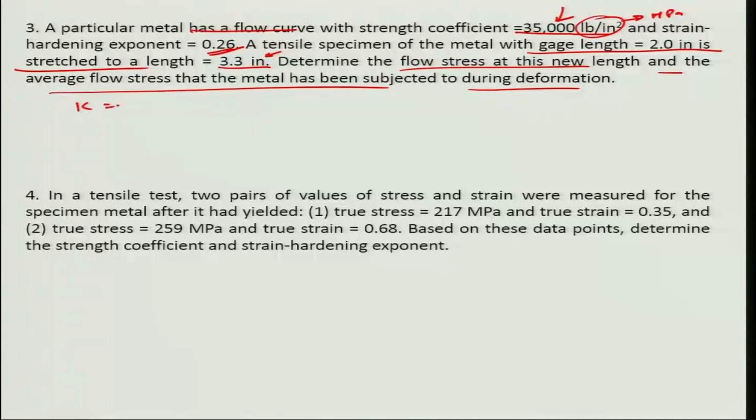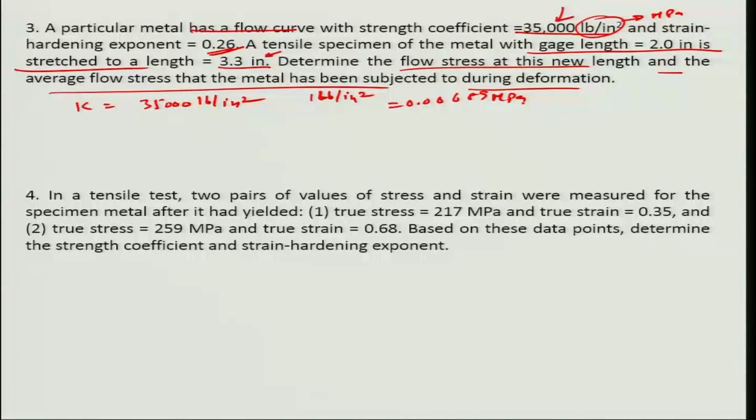The strength coefficient K for this curve is 35,000 pounds per square inch. We already know the conversion: 1 pound per square inch can be written as 0.00689 megapascals.